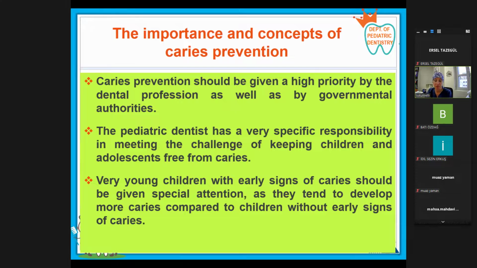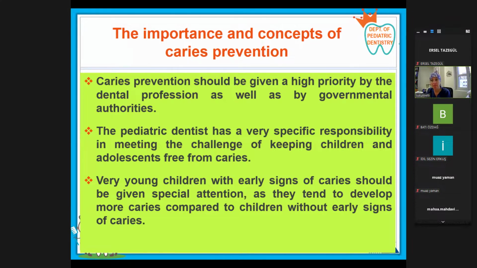Very young children, for example, with early signs of caries should be given special attention, as they tend to develop more caries compared to children without early signs of caries. And we do that. When we see small children between 2 and 6 years old, we have a close relationship with them.